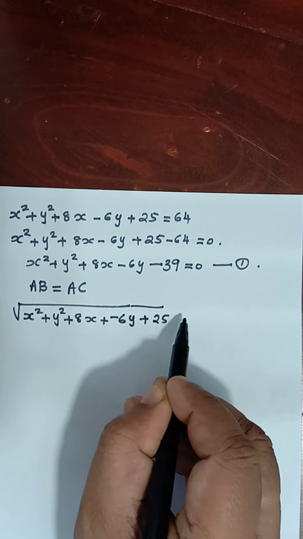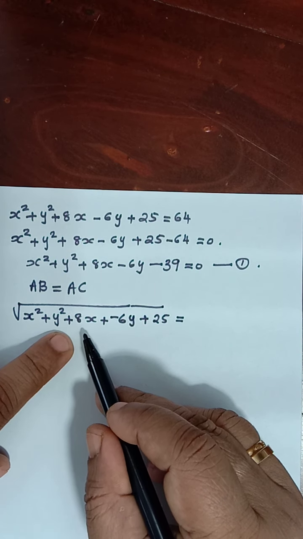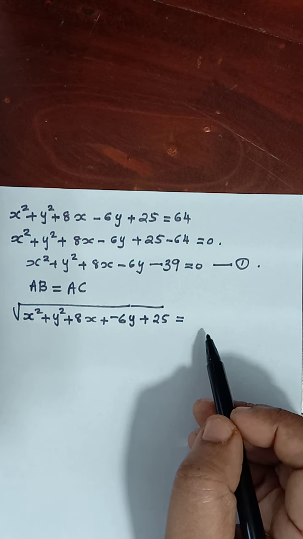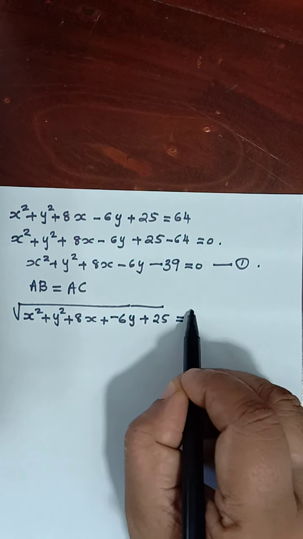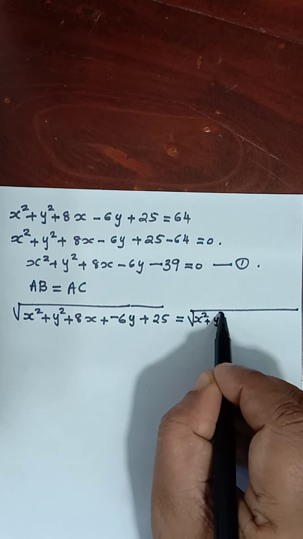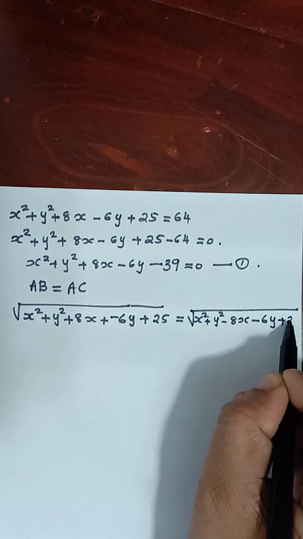Check once more, what is our AB? AB is the square root of x square plus y square plus 8x minus 6y plus 25. That is equal to AC. AC is equal to the square root of again x square plus y square minus 8x minus 6y plus 25.